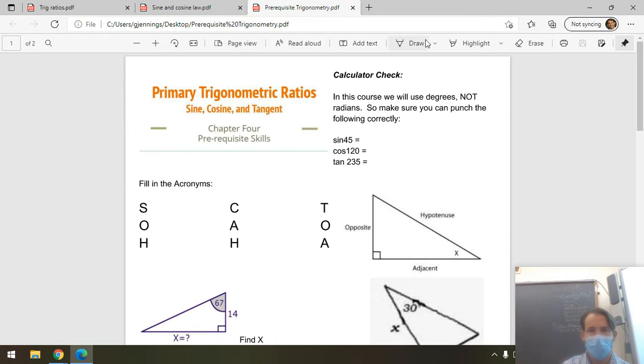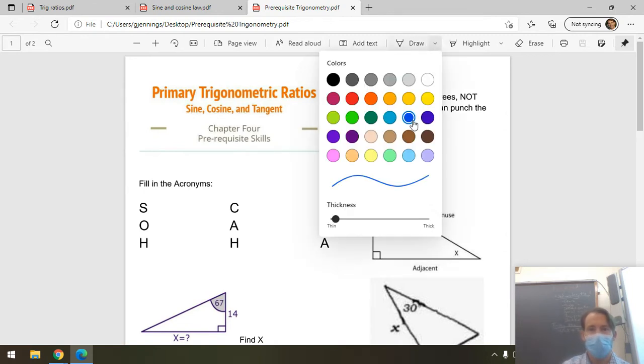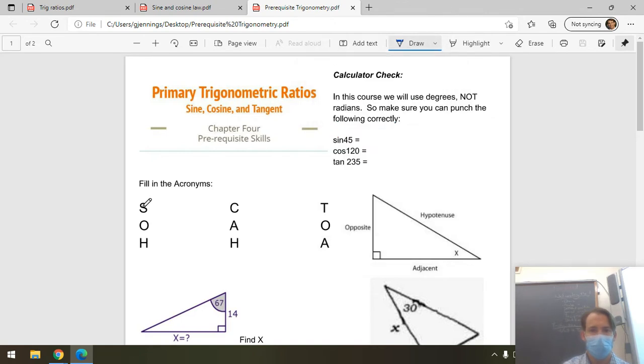So when we're talking about sine as SOH, what are we talking about there? Let's hear it, Rylan. Sine is opposite over hypotenuse.